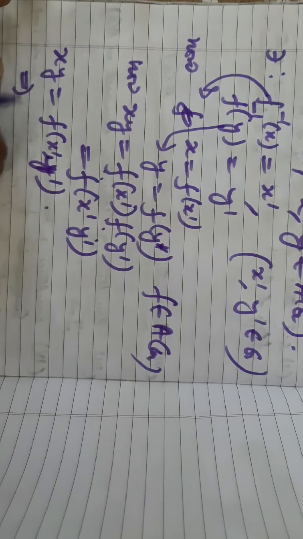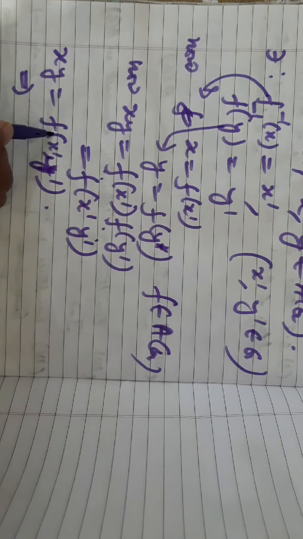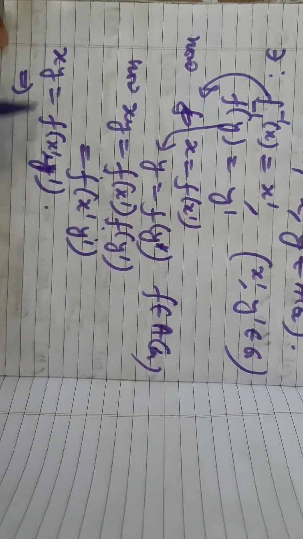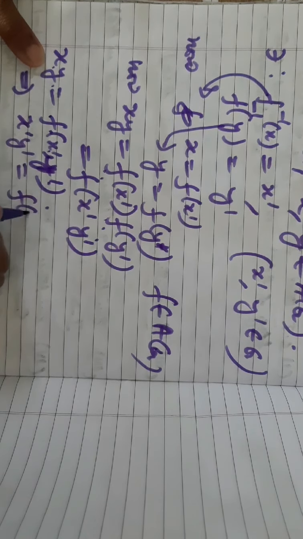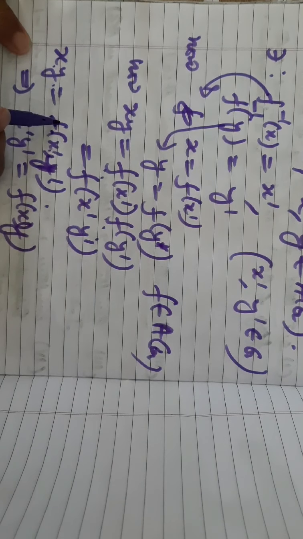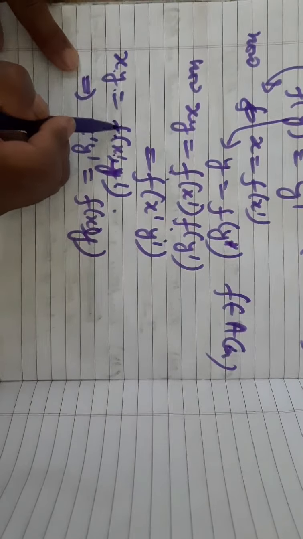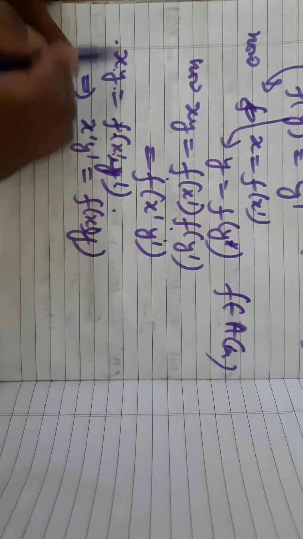So xy is equal to f of x prime y prime, which implies that x prime y prime is equal to f inverse of xy. You can multiply by f inverse on both sides.